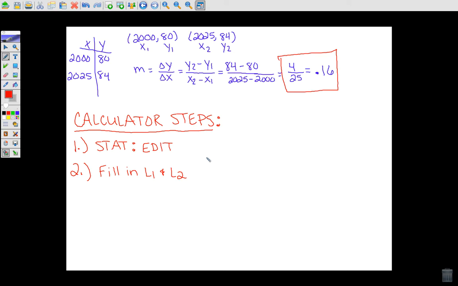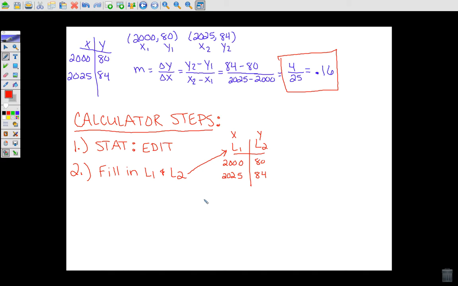So if you notice, L1 and L2 is the same thing as your X and Y table. This would be X, this is going to be Y. It's the exact same thing. So for this problem, in your L1, we'll put 2000, we'll put 2025. And L2, we'll put 80 and 84.